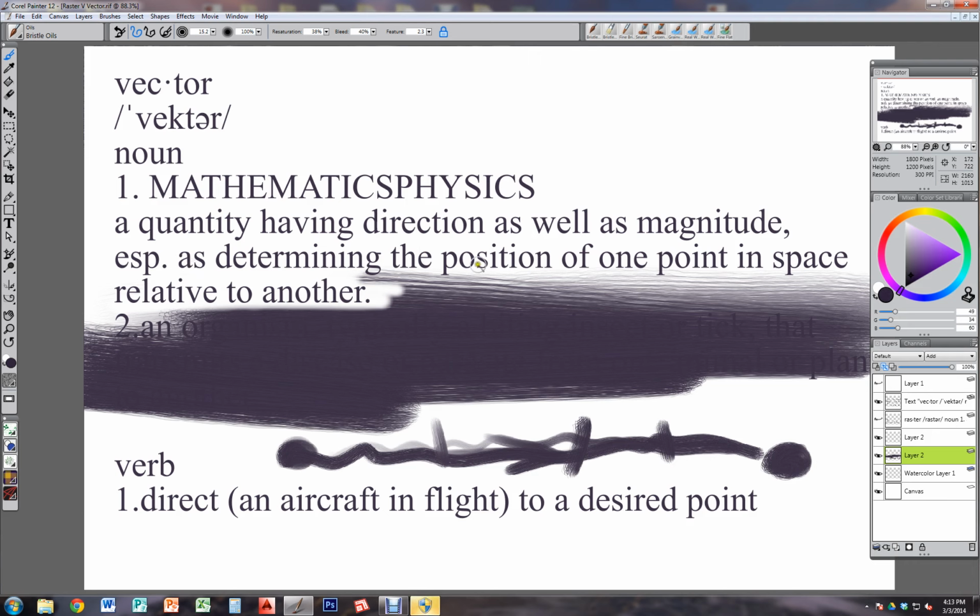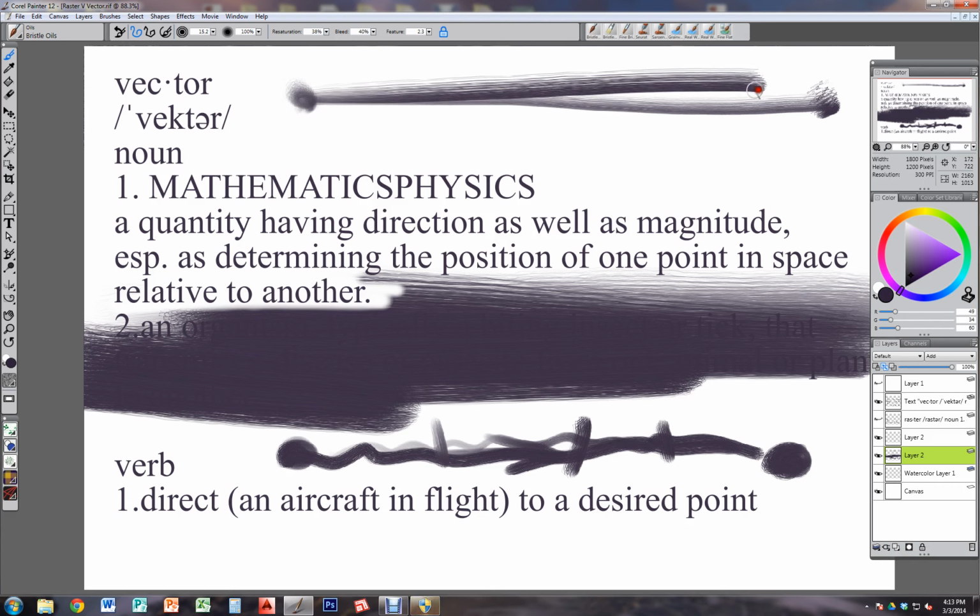It is determining the position of a point in space, and it is giving you a direction and a magnitude. So it's saying, start here, go to here, and do it light at first and dark later.